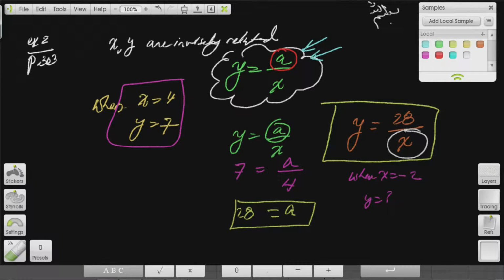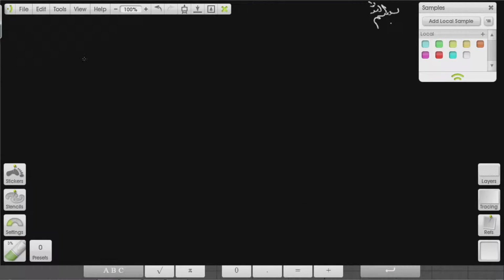You substitute -2 over here. So y equals 28 over -2, and we realize that y must be -14. So this is an example of inverse variation. Again, this is direct variation, and this is inverse variation. And this is called constant of variation.